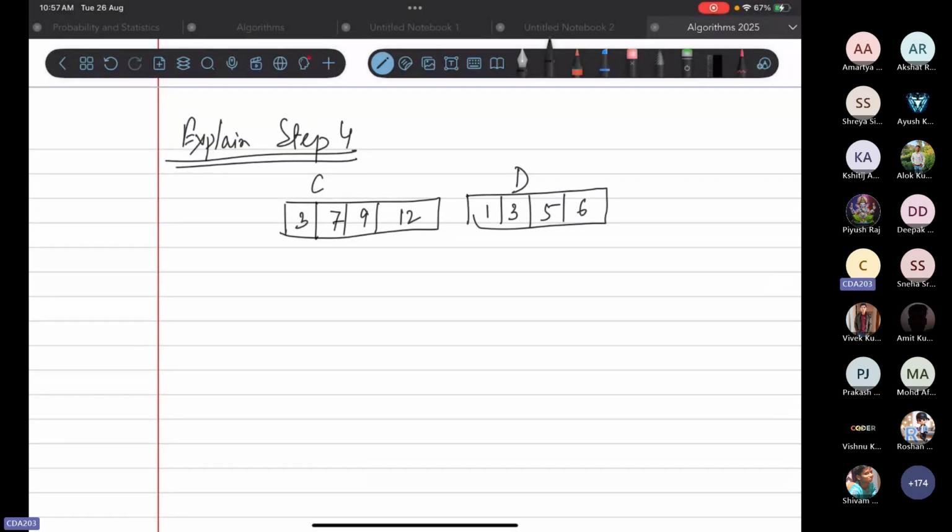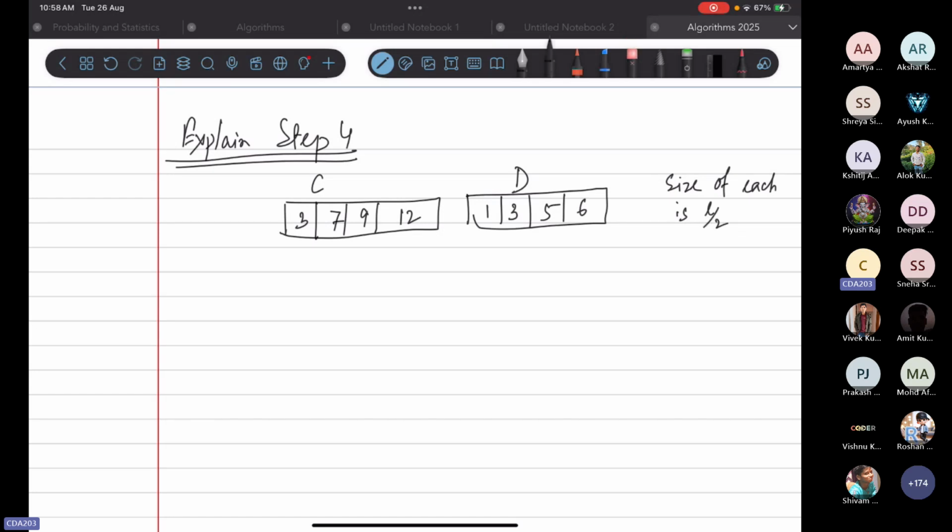We'll assume the size of each is n by 2. It's not always n by 2. I can say it's L by 2. Let's say L by 2.